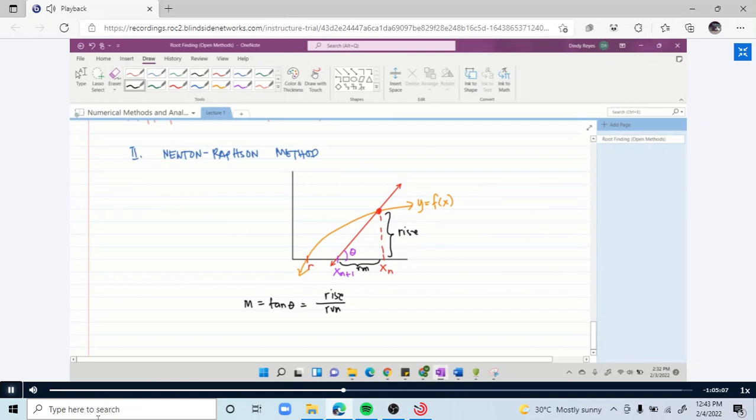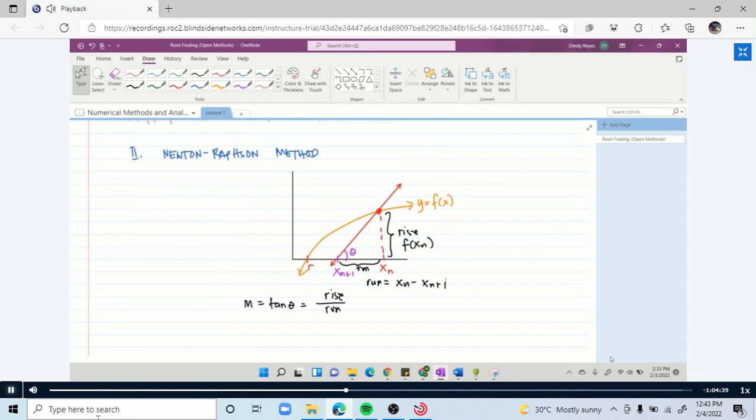So the rise, since this is f of x, is obviously f of x sub n because of this value of x. Yung run natin dito is actually x sub n minus x sub n plus 1. That's the length of this. Kung meron kang triangle na nakikita, that is the base of the triangle, no?